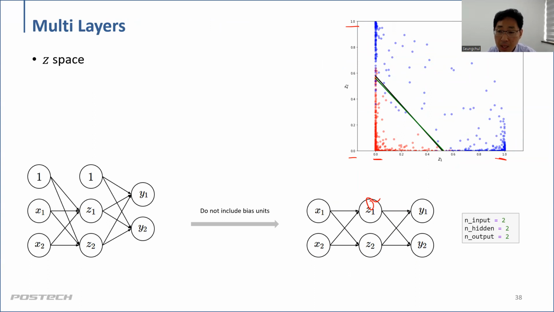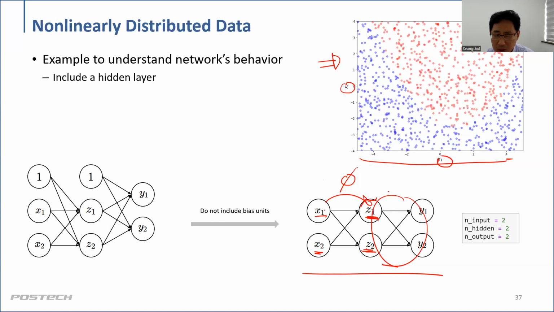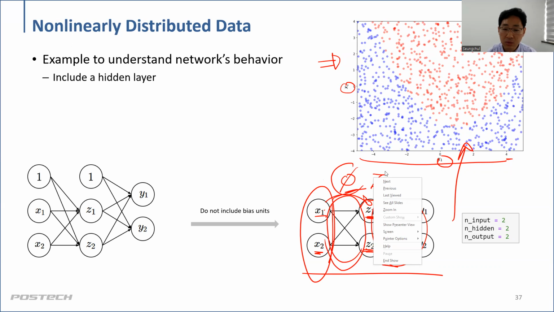Another thing I want to mention: in the X domain it is non-linearly separable, and these are working as corners, and I want to see in Z space whether after the transformation it is linearly separable or not.